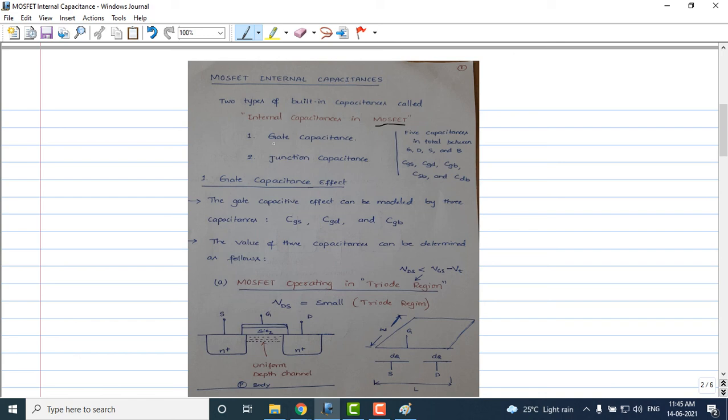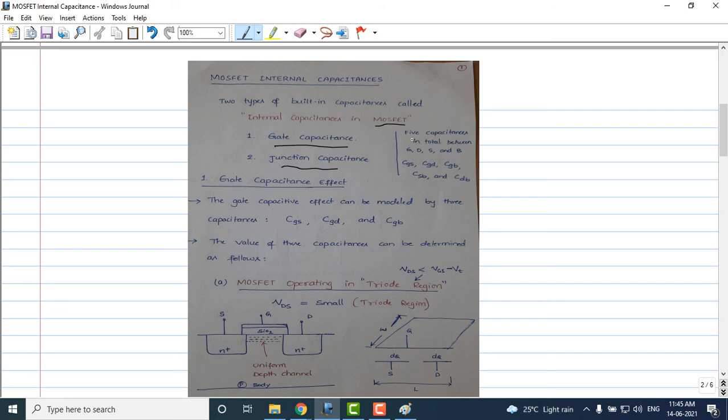One is called the gate capacitance, the capacitance that can be seen with reference to the gate terminal and other regions of the MOSFET. And the second is junction capacitance. So broadly we can classify MOSFET capacitance into two types: gate capacitance and junction capacitance.